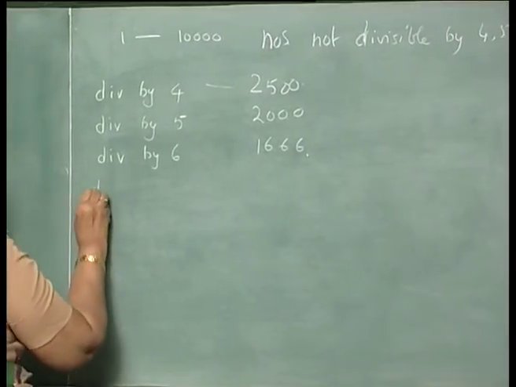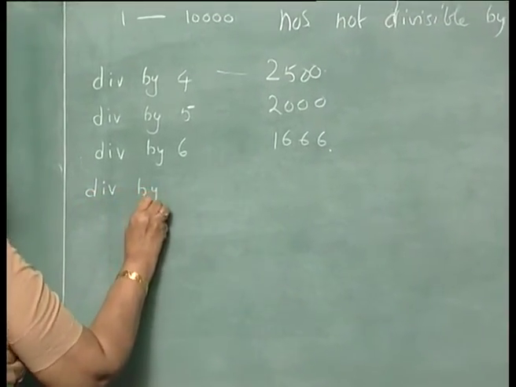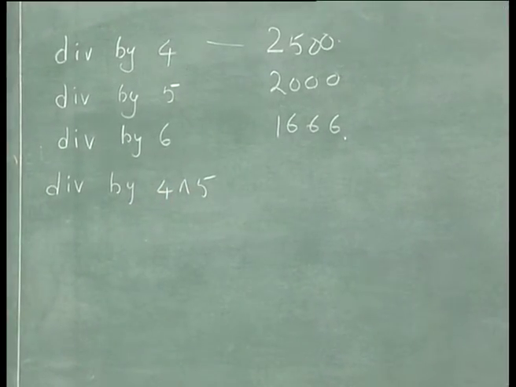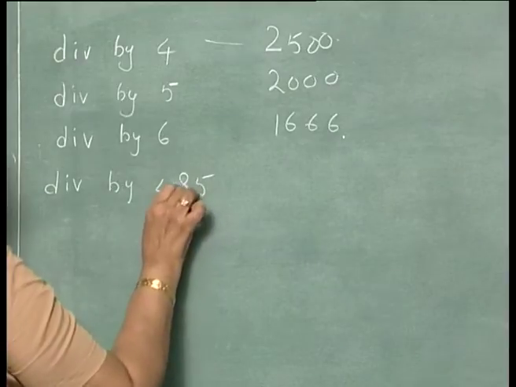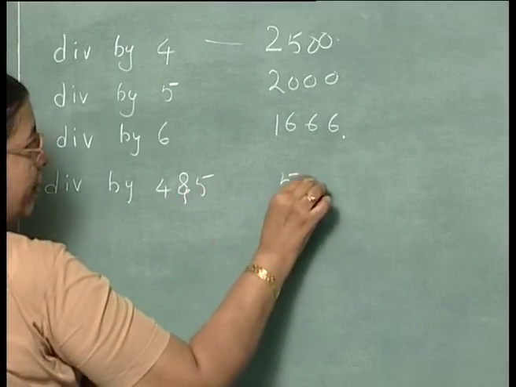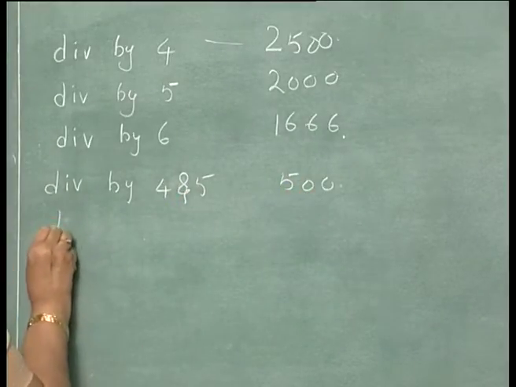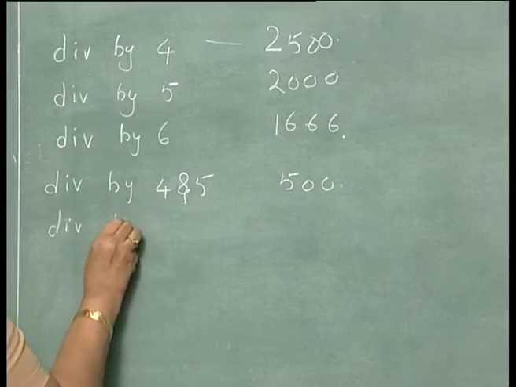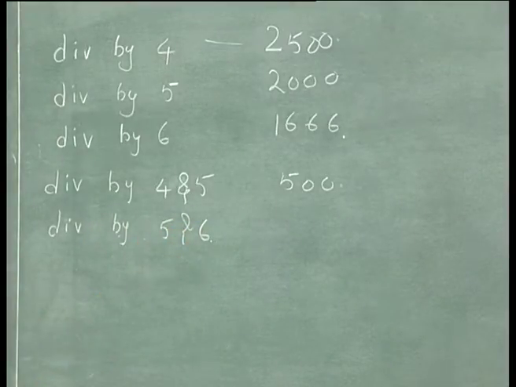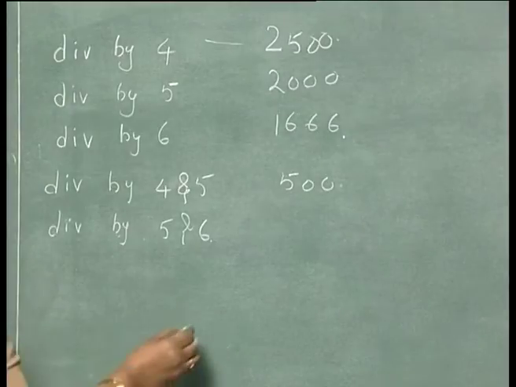How many of them are divisible by 4 and 5? That is 20. We divide that by 20, it is 500. How many of them are divisible by 5 and 6? You have to consider the divisibility by 30.